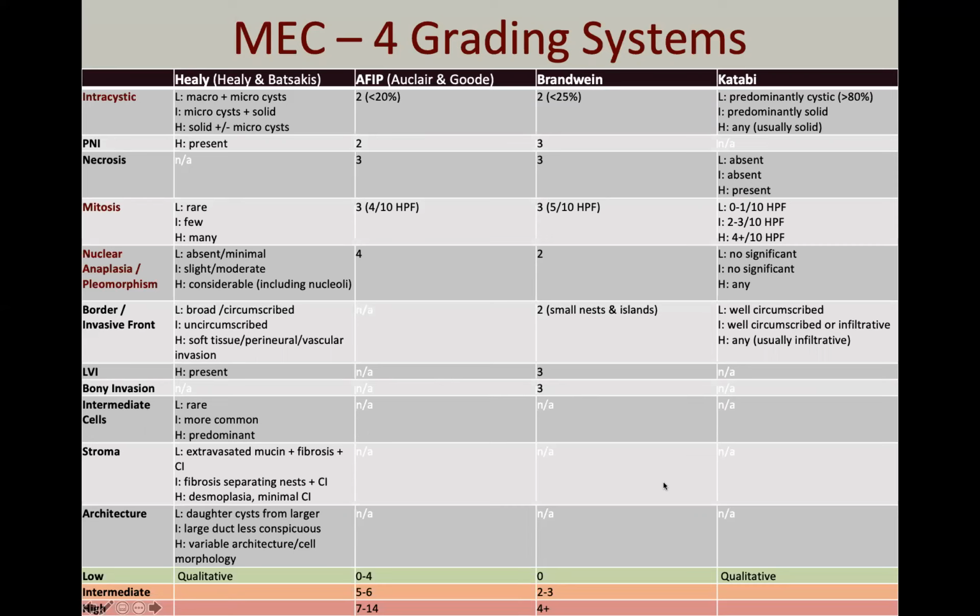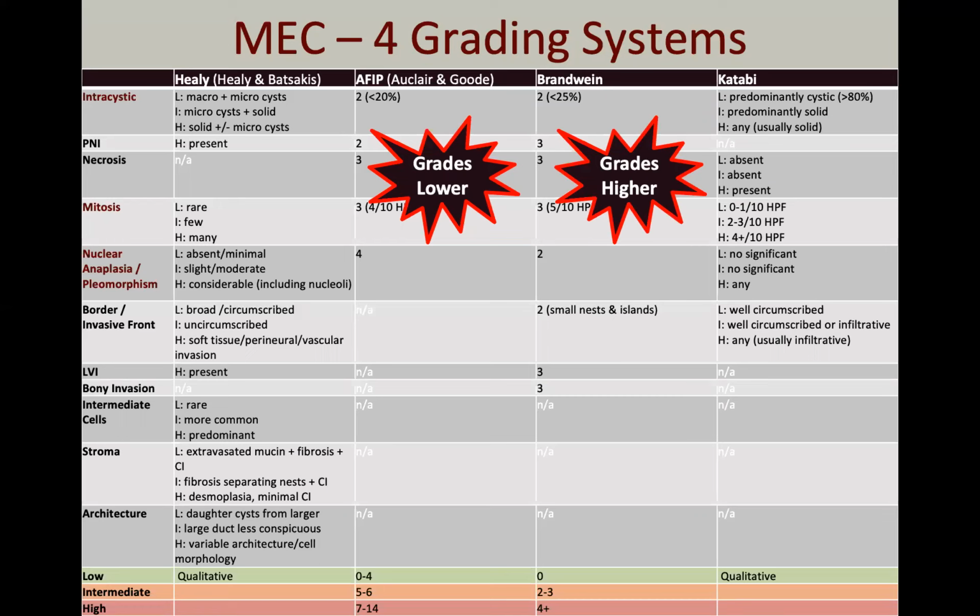And what we have found is that the AFIP tends to assign a given tumor a lower grade, and the Brandwein tends to assign a higher grade, with the Katabi and the Healy being intermediate. So if you took the same tumor and graded it with all 4 different systems, you may get, I don't know, a low grade in the AFIP, an intermediate grade in the Katabi and Healy, and a high grade in the Brandwein. So this is extremely inconsistent.